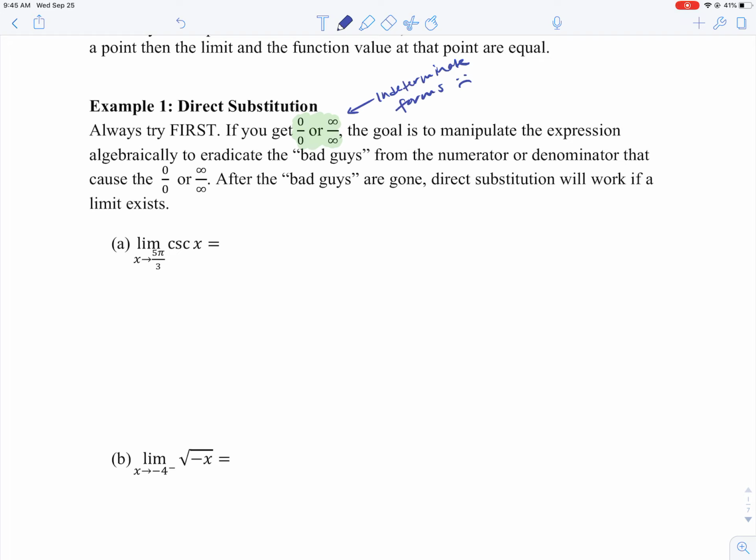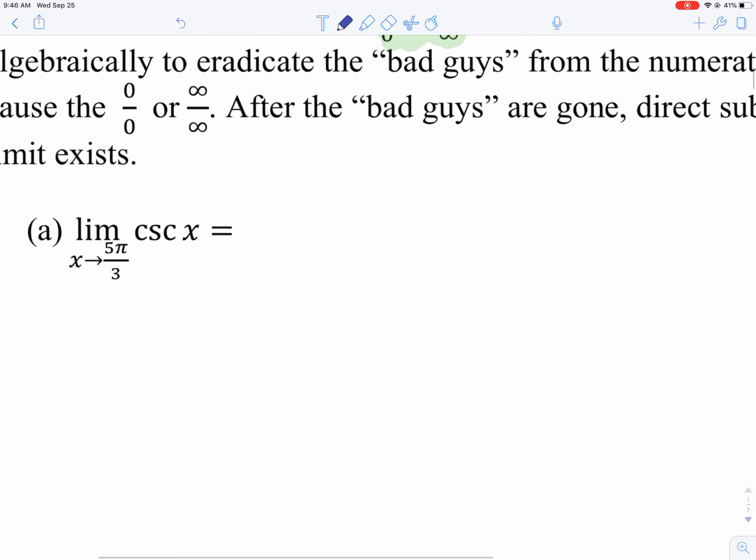I'm referring to those as the bad guys. That's what we're normally going to run into: when we try direct substitution and end up with 0 over 0, that tells us there's some sort of common factor that we need to try and get rid of.